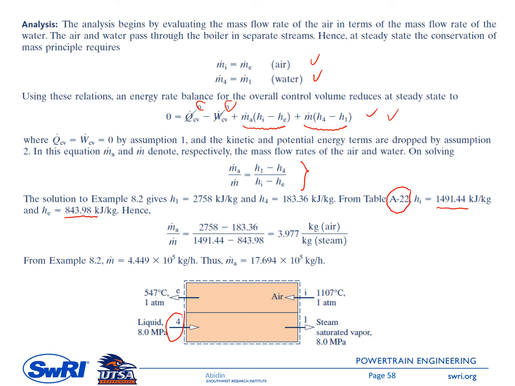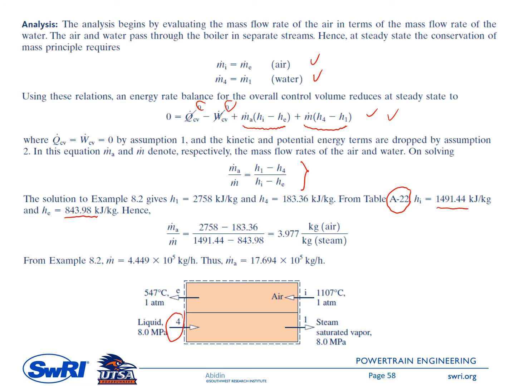And then on the water stream side, we know the pressure of 8 megapascal. The temperature is also given, I believe. So we can get the enthalpy at state number 1, wait, I think state number 1, this is saturated vapor, right?